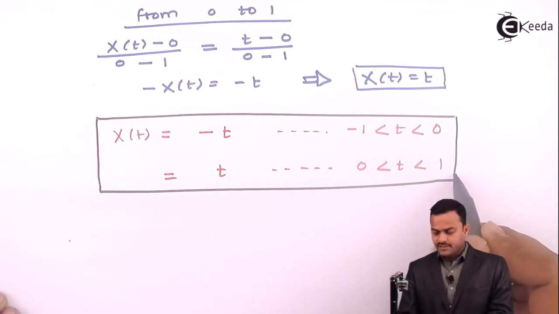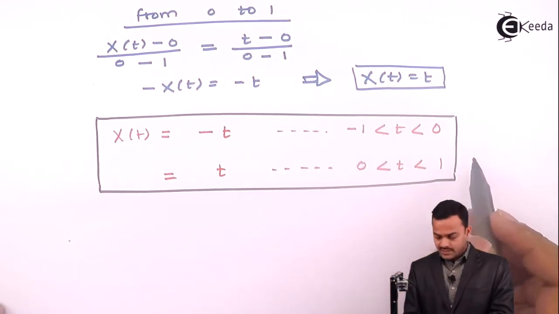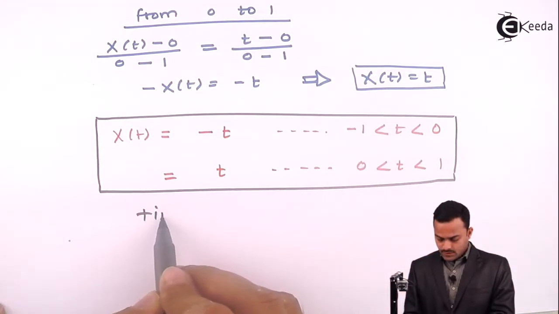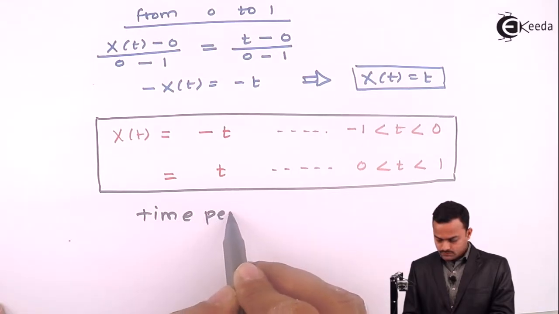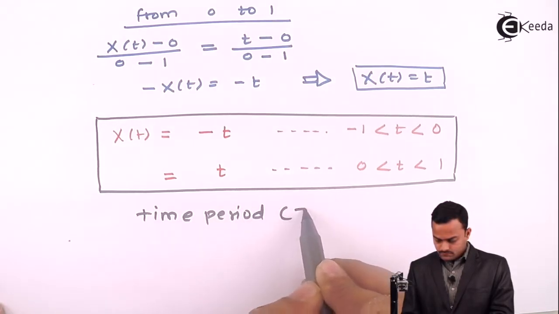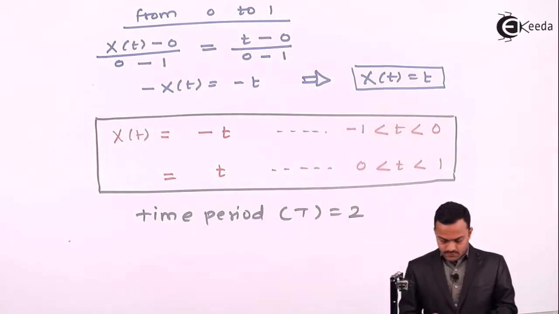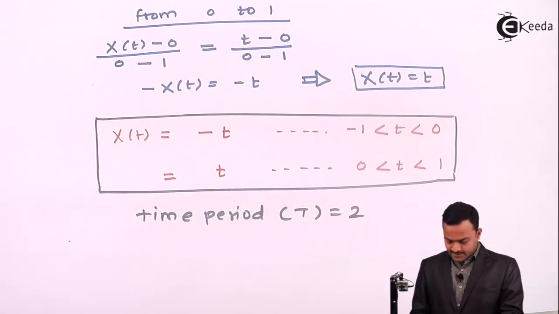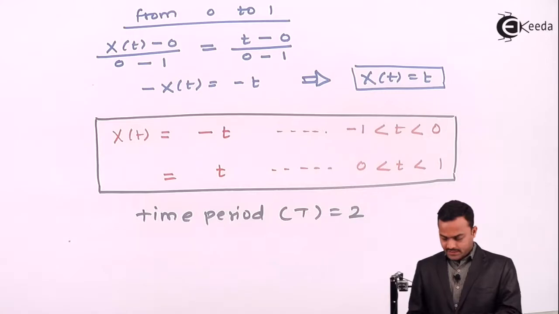So this is our x of t defined from minus 1 to 1 with a time period equal to 2. The Fourier series representation for x of t can be given like this.